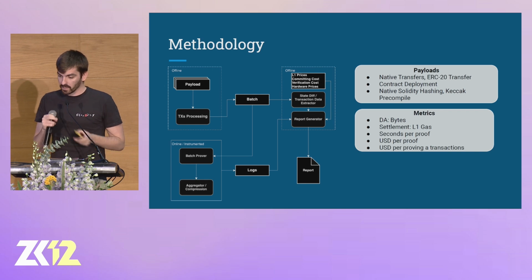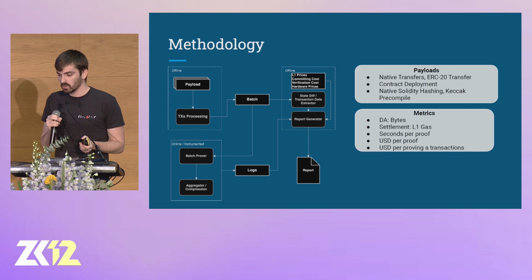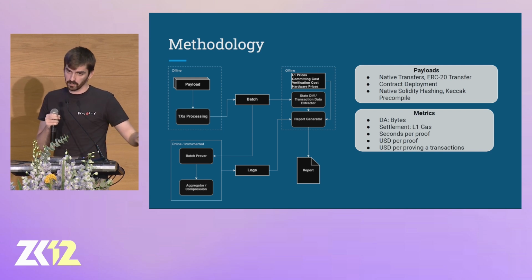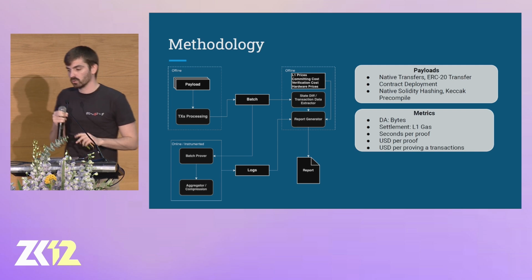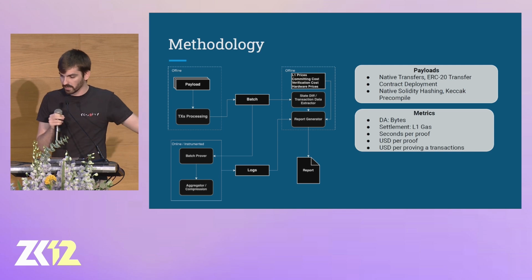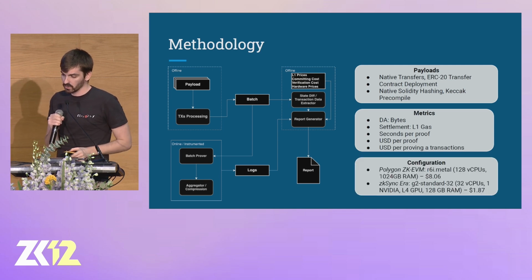And then we have the prover. For the prover, what we decided to do is to keep track of seconds per proof, and also USD per proof and USD per proving a transaction. And I will present some results later on.